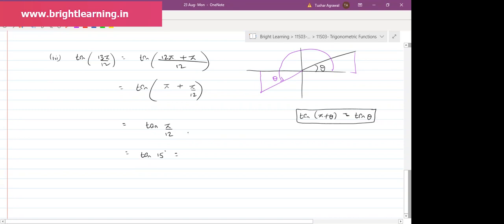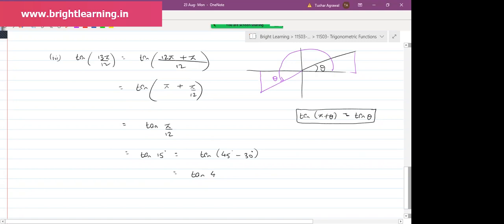And tan 15 is what? Tan 15, now you can calculate, tan 15 is equals to tan 45 degree minus tan 30 degree. Sir, is the answer 2 minus root 3? 2 minus root 3. No, it is root 3 minus 1 upon root 3 plus 1. One minute, let me. Yes, correct. You have rationalized it. Okay, correct. One and the same thing.